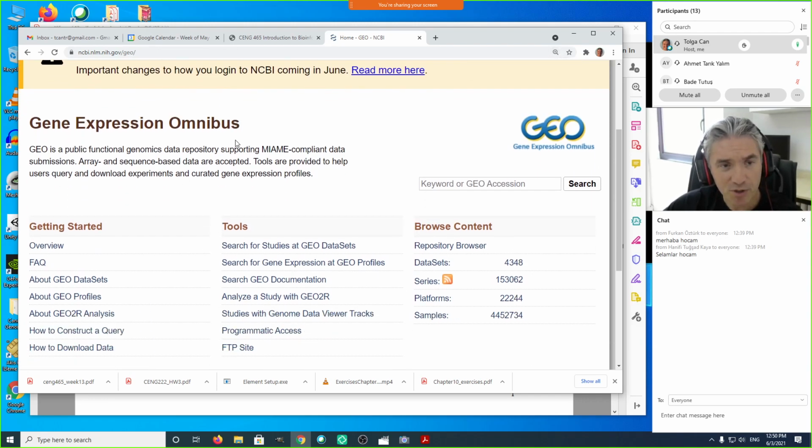By the way, this Gene Expression Omnibus at NCBI contains not only microarray chips like this, it also contains next generation sequencing data. As I told you last time, this is like an old technology these days.